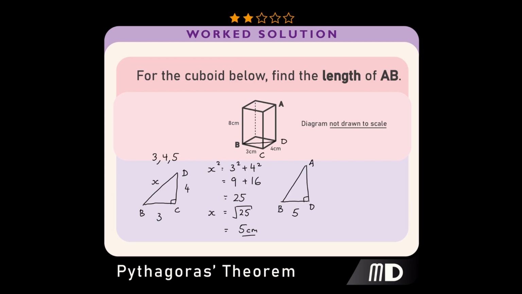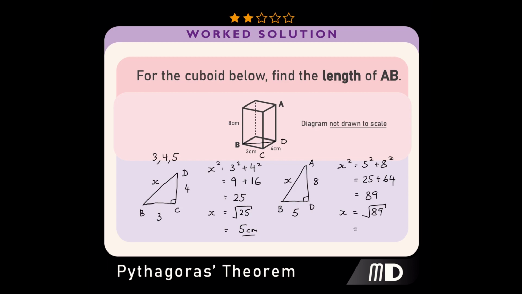AD is given to me as 8, and the side I need to calculate is AB. So applying Pythagoras' theorem again, I can write down x squared is 5 squared plus 8 squared. That's 25 plus 64, and that's 89.